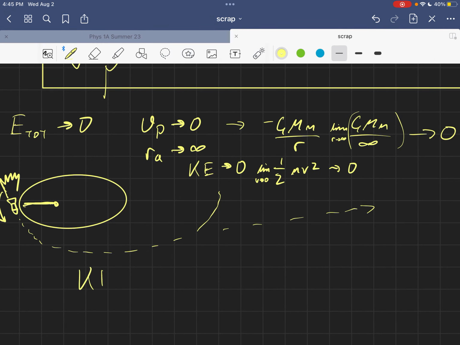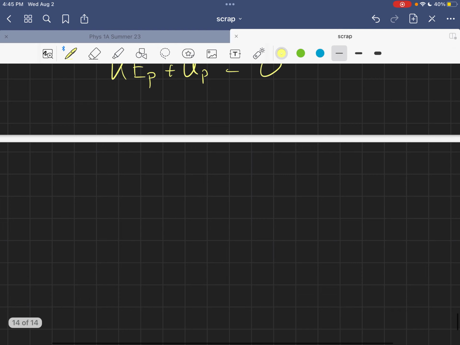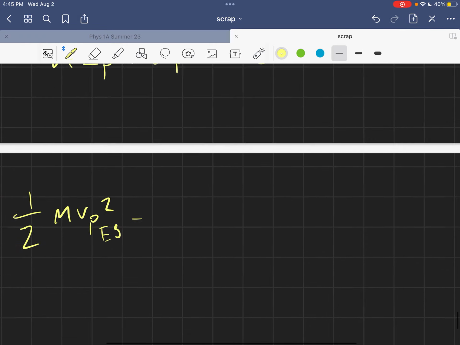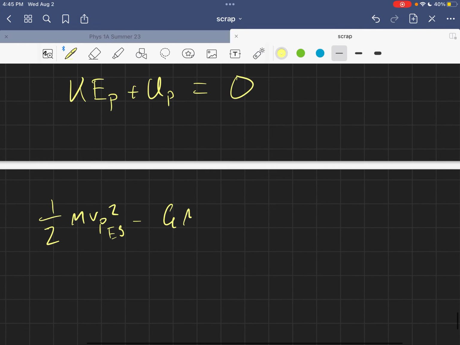So that means our conservation of energy equation would be KE perigee plus U perigee is equal to zero. Or 1/2 m Vp escape squared minus G M m over r perigee is equal to zero.